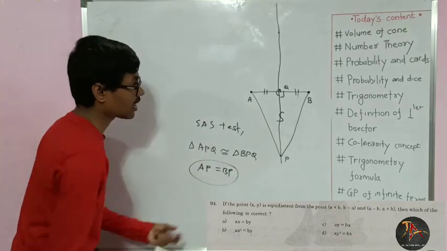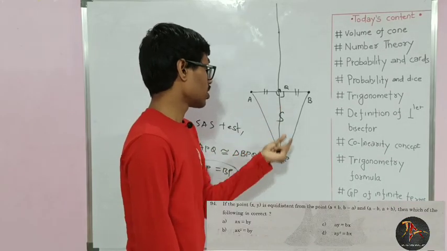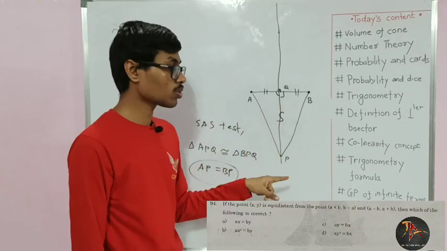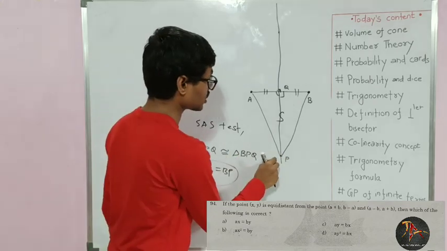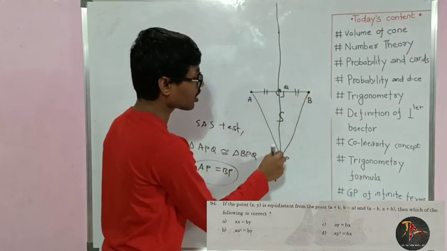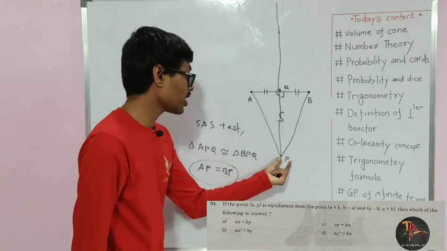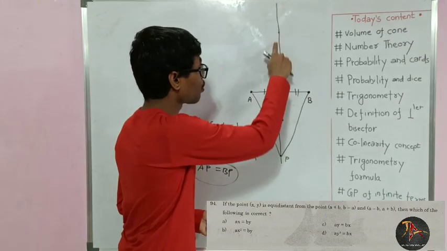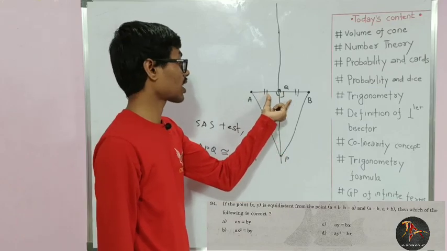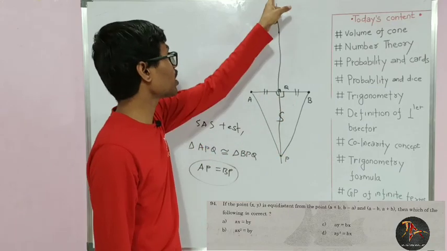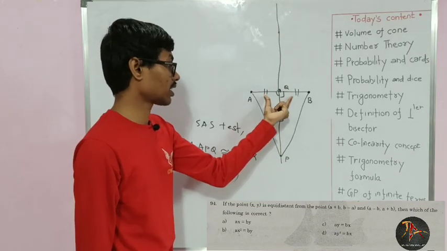So we have proved that if we take any point such that its distance from two given points is equal, then this point lies on the perpendicular bisector of this line segment.